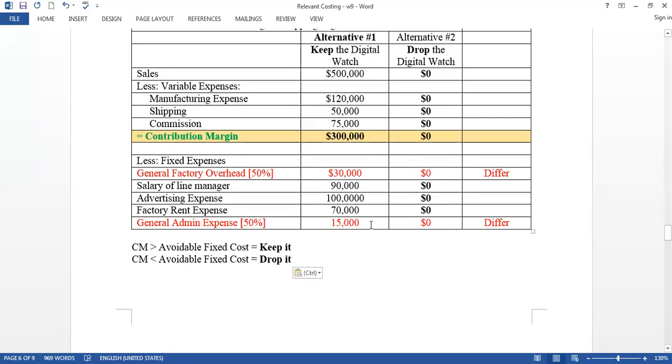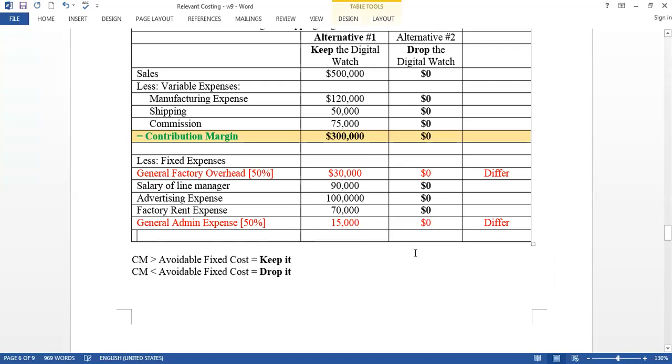It is $3 or $5,000, right? Now we'll keep it or drop it. Our contribution margin is lower, but avoidable fixed cost is higher. We'll keep it or drop it. We'll drop it. So this is the decision.